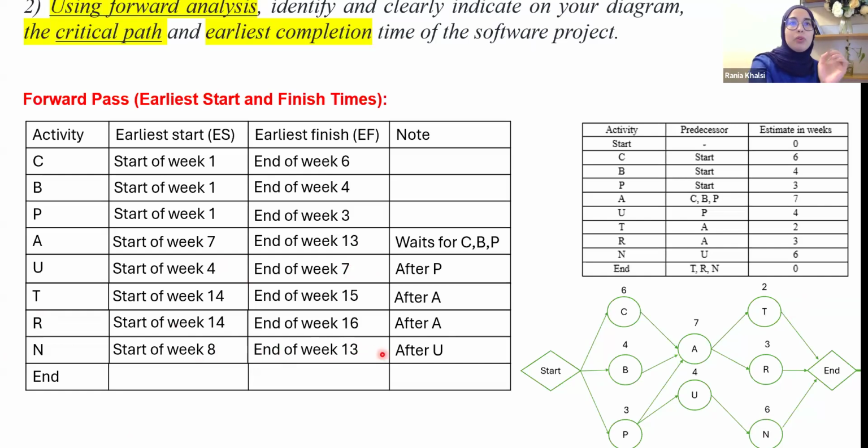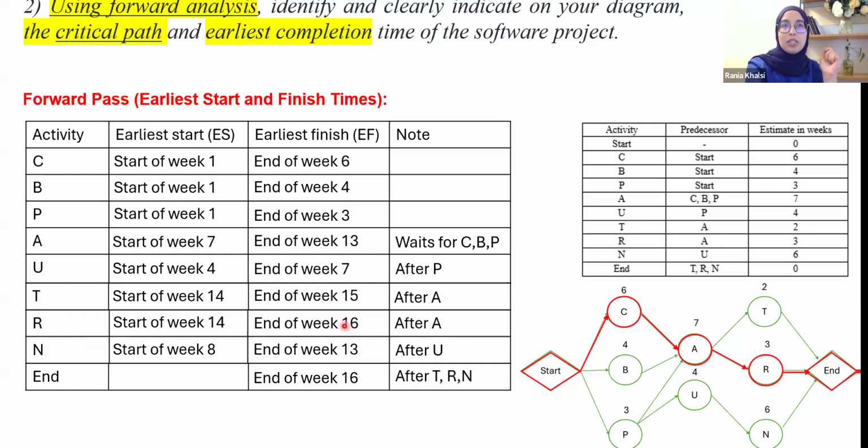Now, the end of week 13, we are moving to the end of our software project time. Once T, R, and N are done, we are done. T, R, and N have these earliest finish dates: one will finish at the end of week 15, one at the end of week 16, and one at the end of week 13.